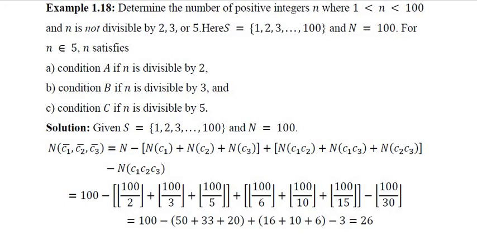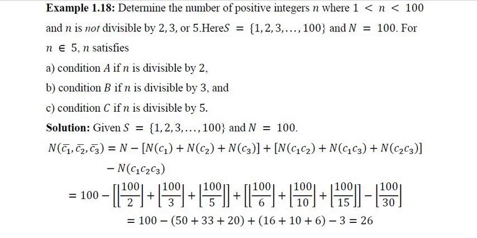That is the number of elements satisfying the condition that n is divisible by 2. Here we come to the concept of the greatest integer less than or equal to that number. So n of C1 denotes the number of elements divisible by 2. That is the greatest integer of 100 by 2, which is equal to 50.